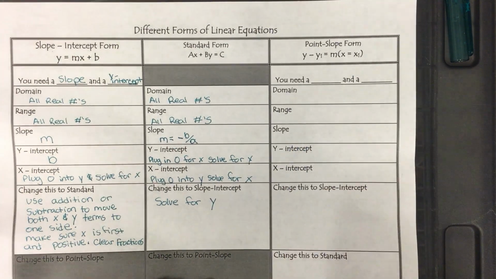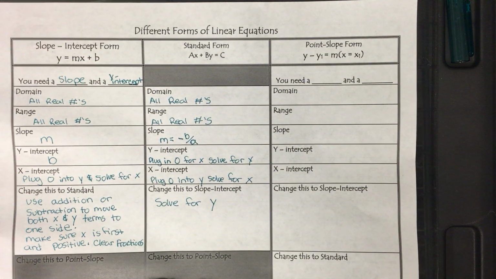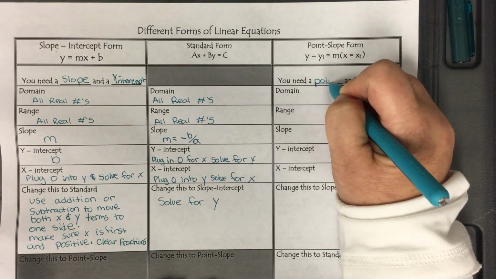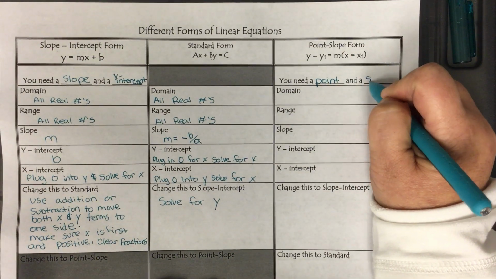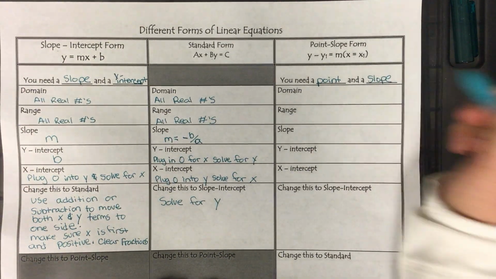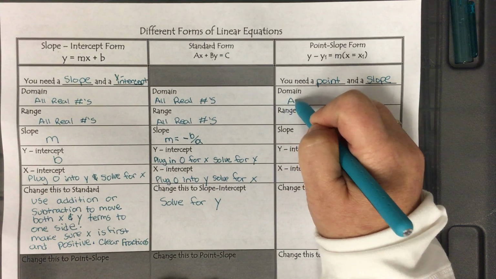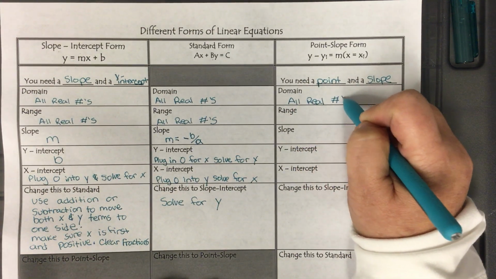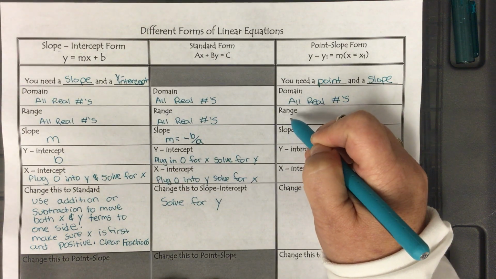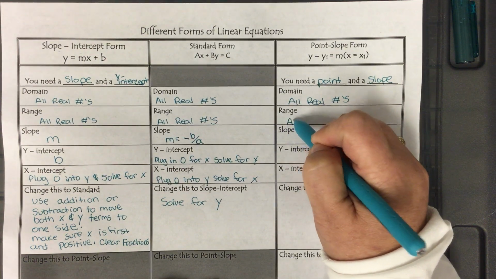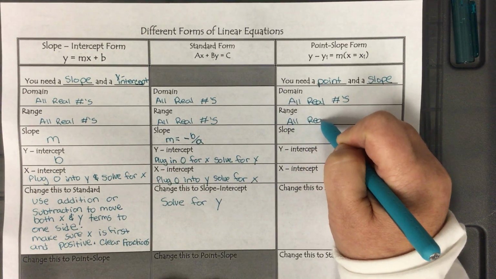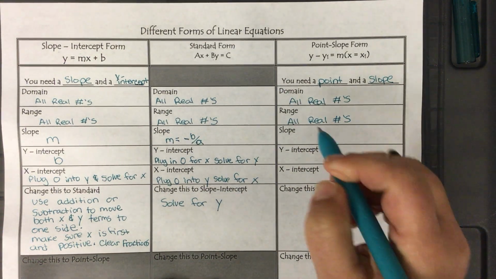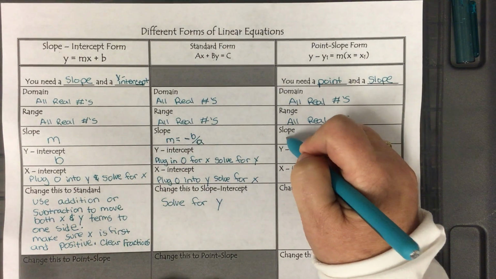Point slope form. All you need is a point and the slope. A point and a slope. The domain is all real numbers. The range, guess what the range is? All real numbers. Okay? The slope is m.